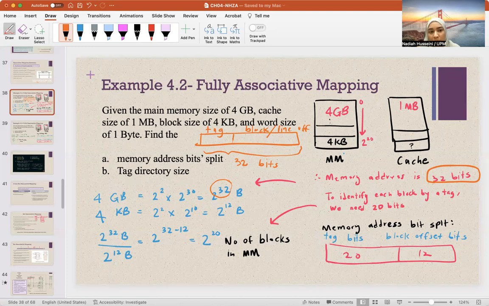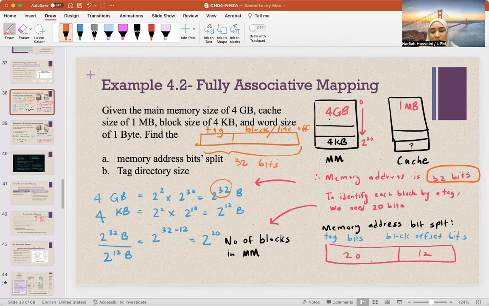Now, why do we need 20 bits? Because for the fully associative mapping, each block is only identified using the tag. Previously, we had the line and also the tag, so we had 2 parameters to differentiate between lines. The way that they organize things would be slightly different.